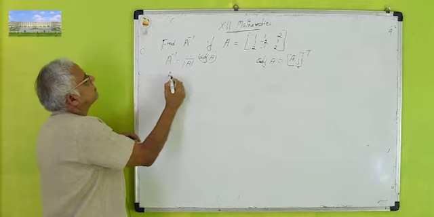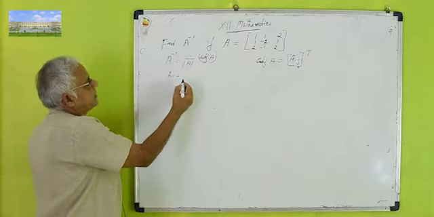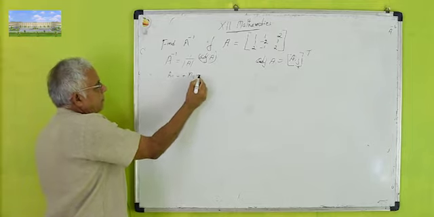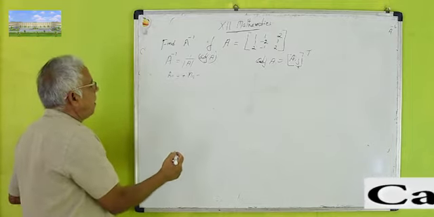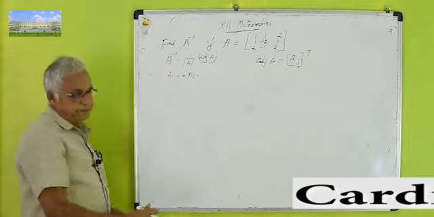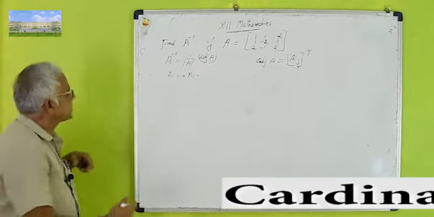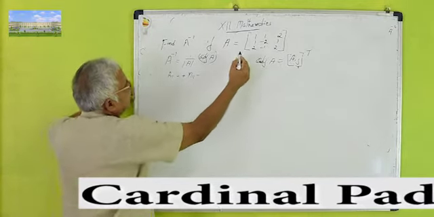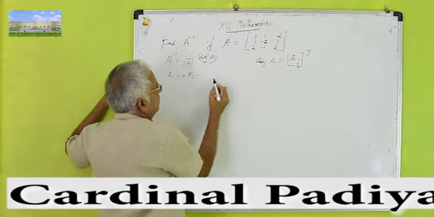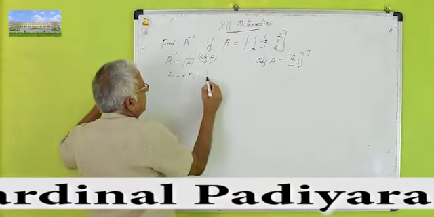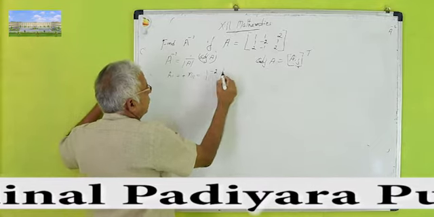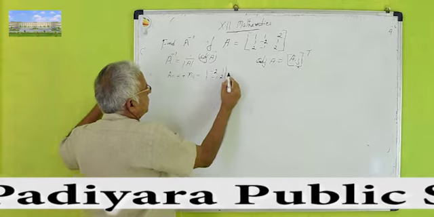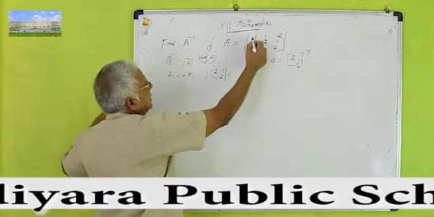A11: 1 plus 1 is 2, even, so positive, into M11. Delete the row and column containing this element.